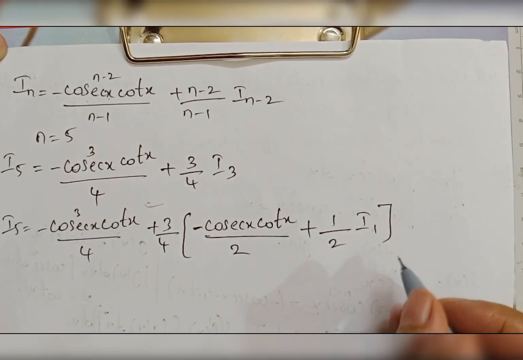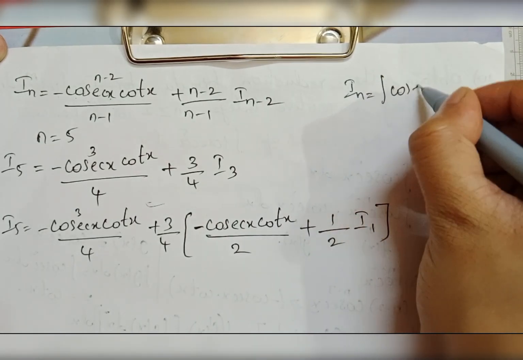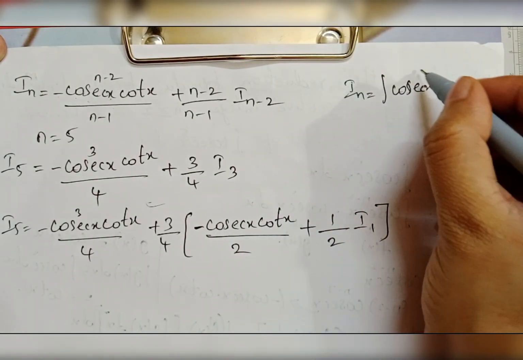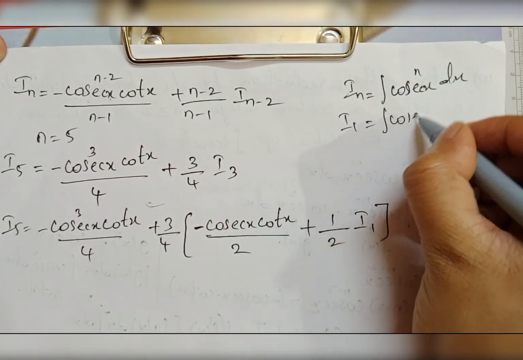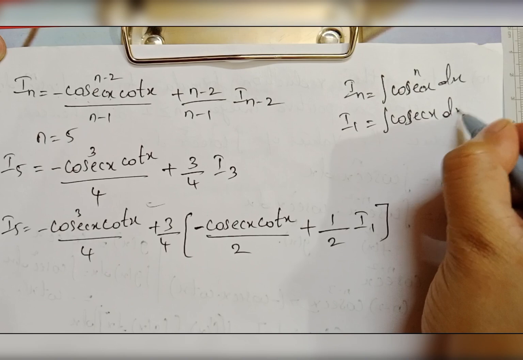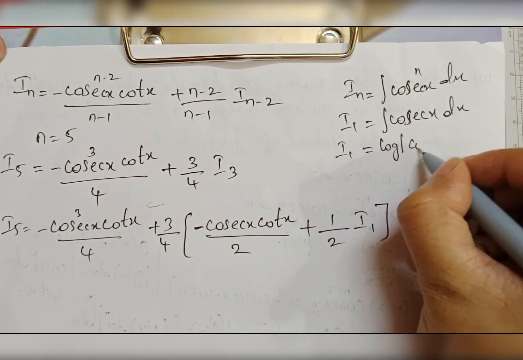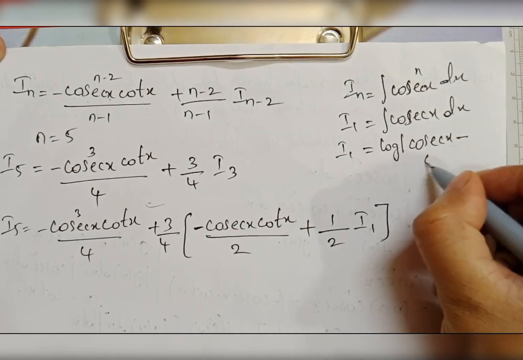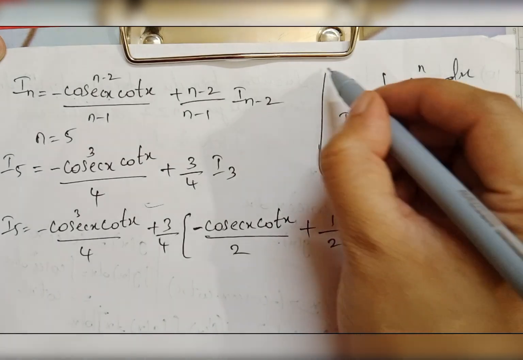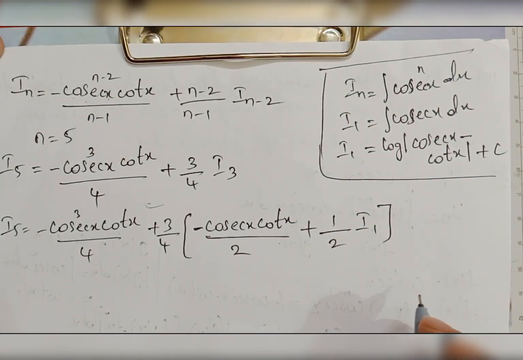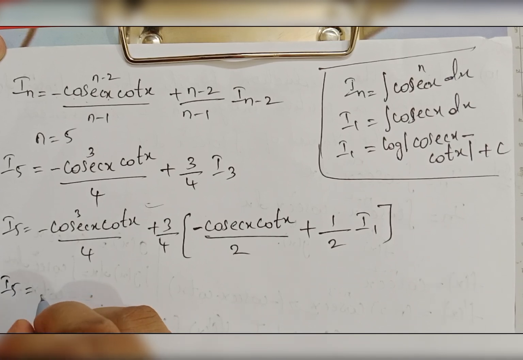Now we have to find the value of I1. So we know that I_n is equal to integral cosecant x power n dx, right? So I1 is equal to integral cosecant x dx. Integration of cosecant x is log mod cosecant x minus cot x plus c. You have to remember all the formulas of integration and differentiation, so it will be easy to understand and write in examination.